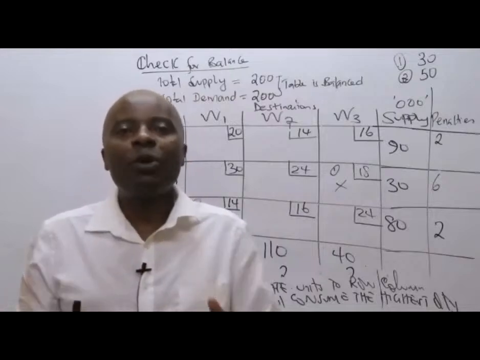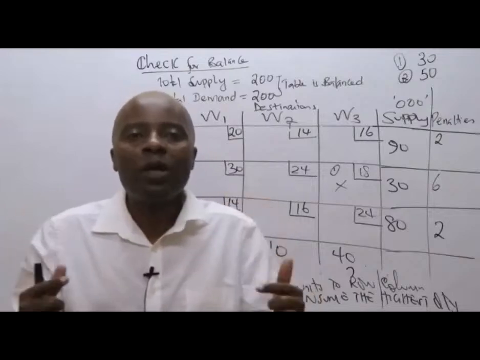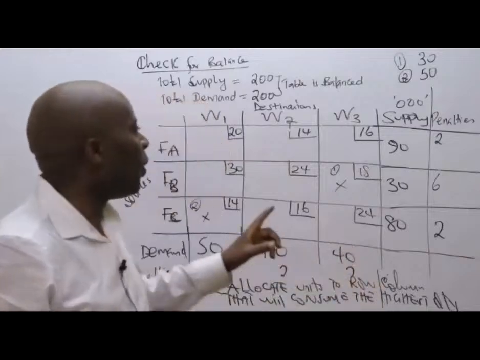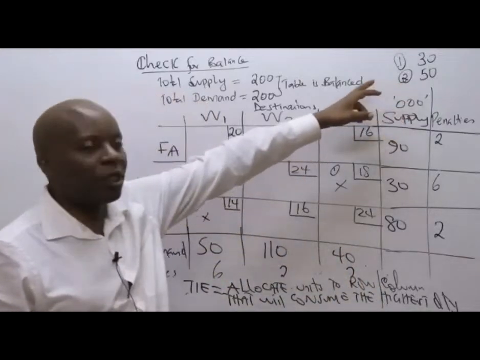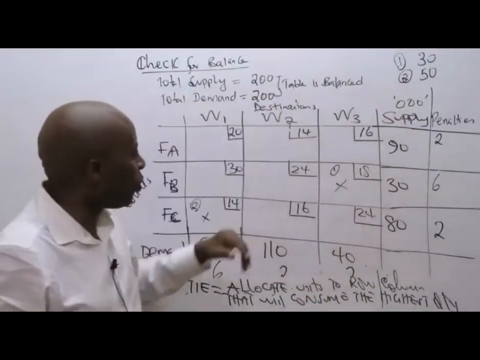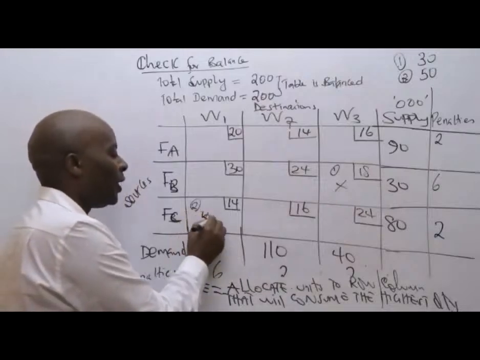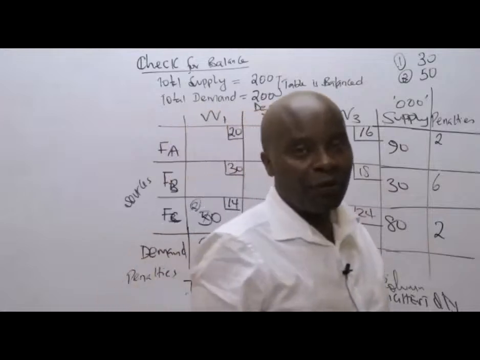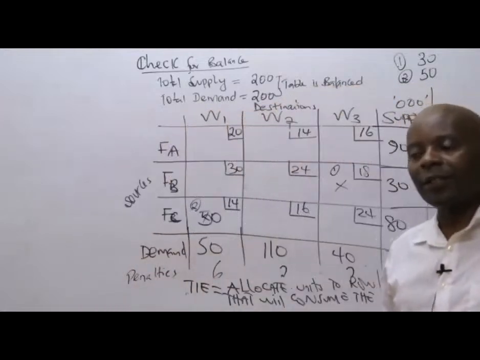The one that is able to take the highest quantity is the one that will prevail. In that regard, the highest quantity between the two routes is 50, so I'll come and put 50 here. We put 50 there first.